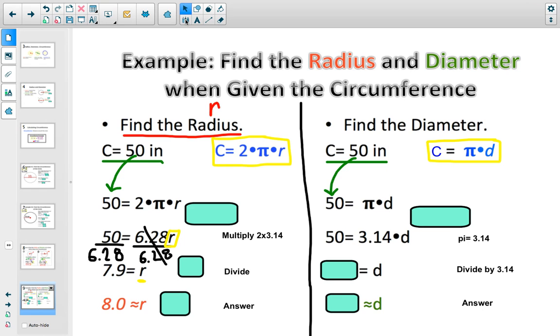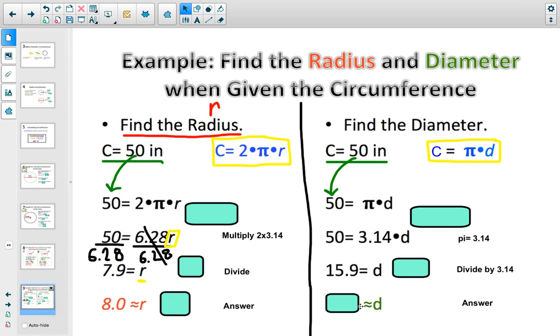Now in order to get d by itself, in order to isolate d, you have to do the opposite of multiplying by 3.14, which is dividing by 3.14. So we're going to do 50 divided by 3.14, which is 15.9.